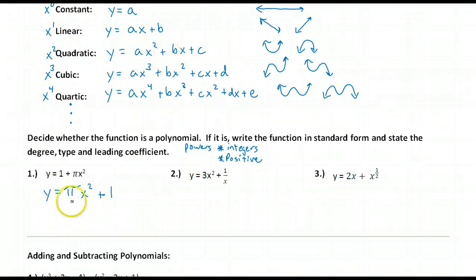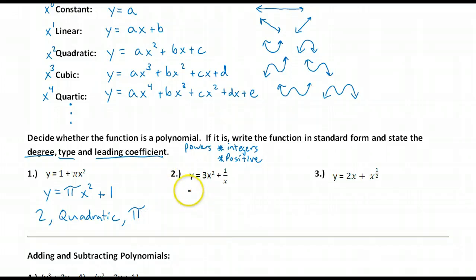So is this a polynomial? Yes, it is. The highest degree of x is 2, which means that it is quadratic, and my leading coefficient is the number in front of my highest degreed x. So in this case, my leading coefficient is pi.